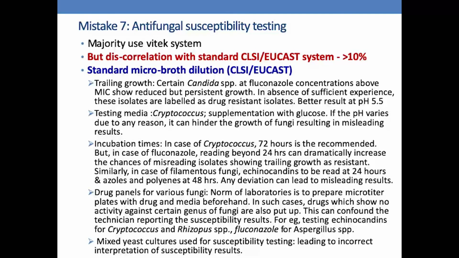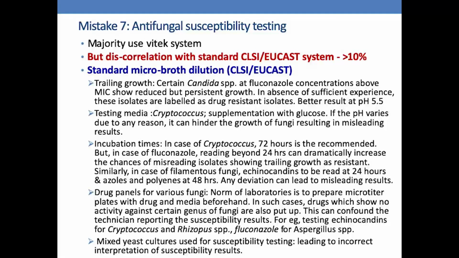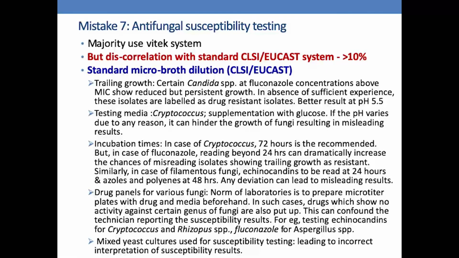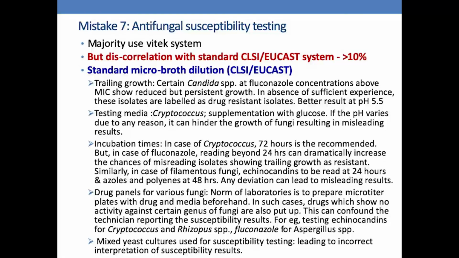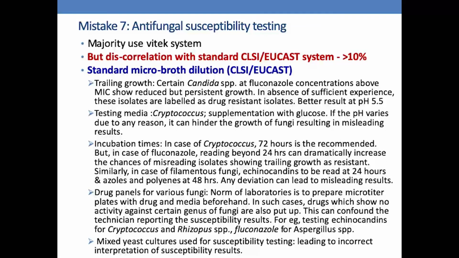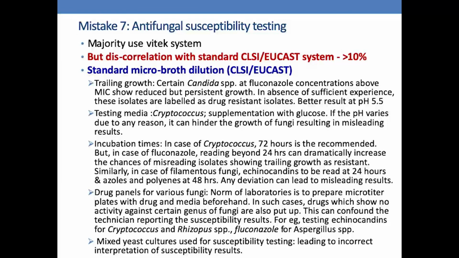But in the microbroth technique, something very important is trailing growth, especially in certain Candida species, which at fluconazole concentrations above the MIC show reduced but persistent growth. In the absence of sufficient experience, a laboratory may label this as a drug-resistant isolate. That is not correct.